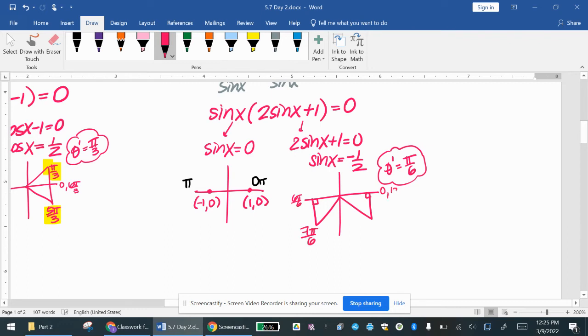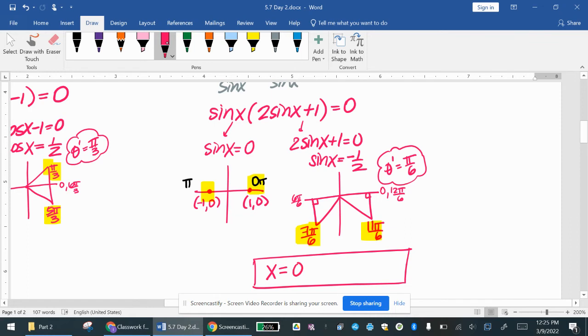If this is 12 pi over 6, then this is 11 pi over 6. So our solutions are the ones that I'm going to highlight in yellow. And you can put them in order from smallest to greatest, but that's not required. So we've got 0 pi, we've got 1 pi, 7 pi over 6, and 11 pi over 6.